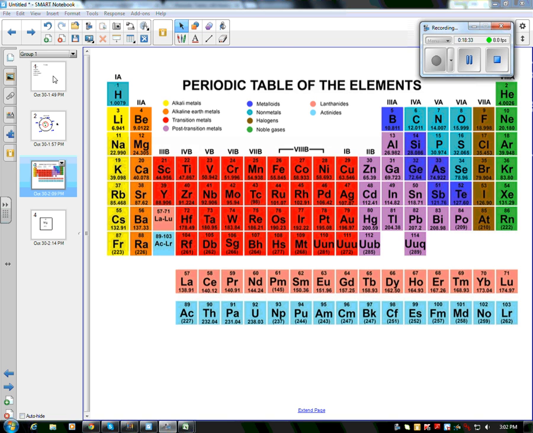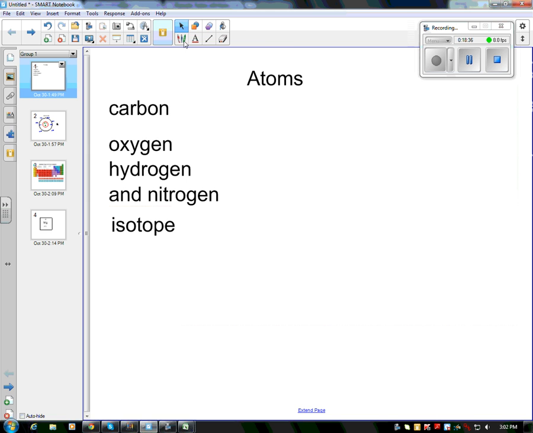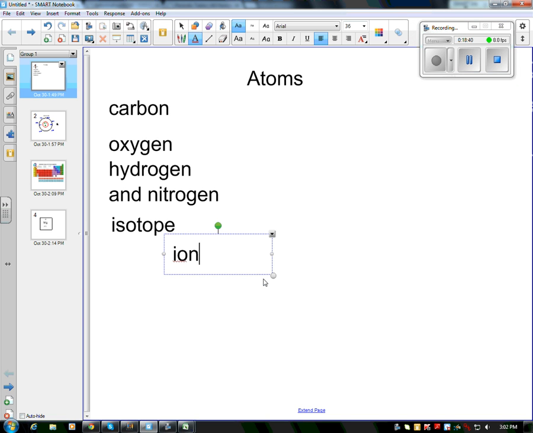All right. So one other thing we're going to talk about, ions. What is an ion? An ion is the same element, but it's either gained or lost an electron. Now, electrons don't have much weight at all, so we don't even add those into the AMU, or atomic mass units.